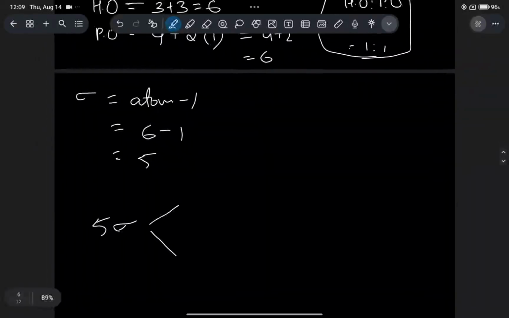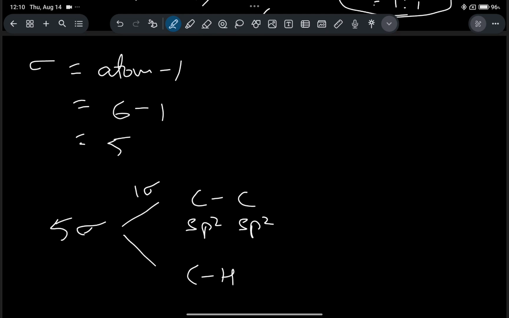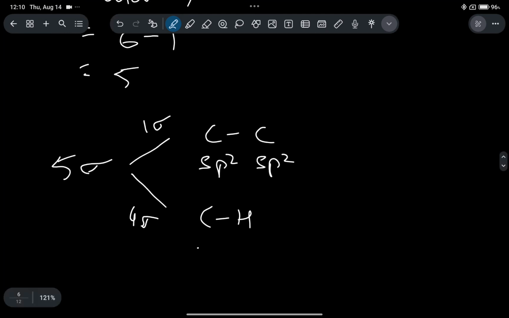How many out of these are carbon to carbon? Carbon to carbon is sp2 and sp2 overlapping, 1 sigma bond, and carbon to hydrogen is 4 sigma bonds, sp2 and s overlapping. It is very useful.